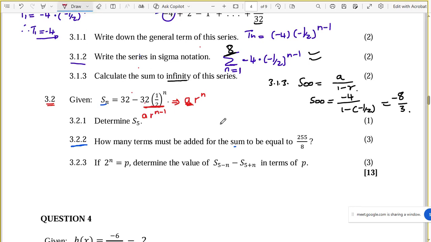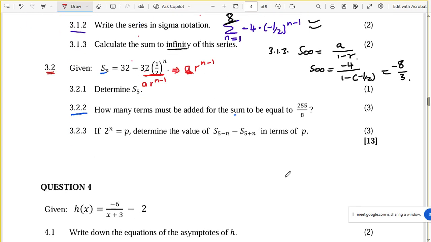You understand? So what I'm trying to say is that I'll take this sequence here. I'll take the 32 into 1 over 2 to the power n.